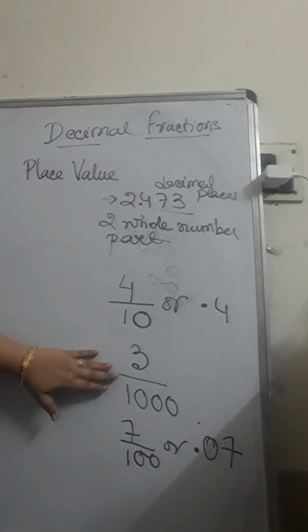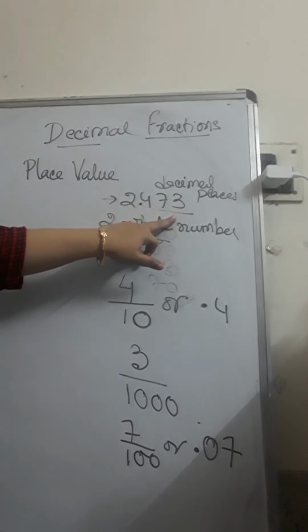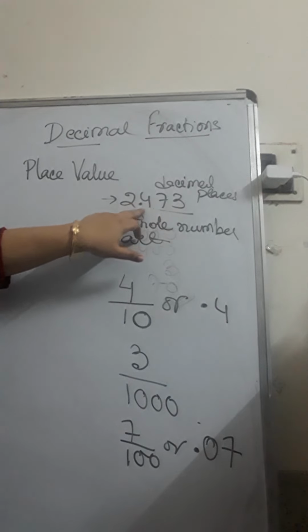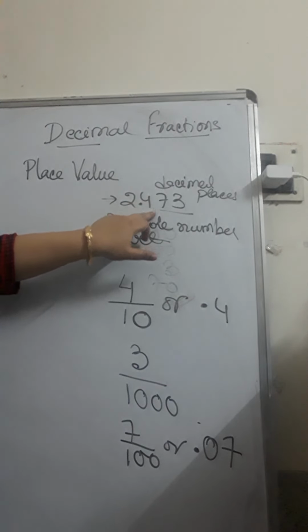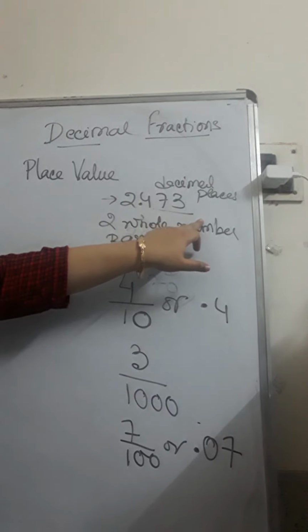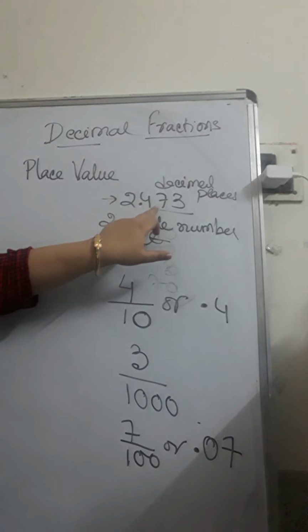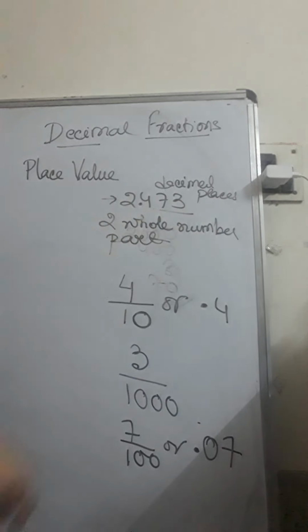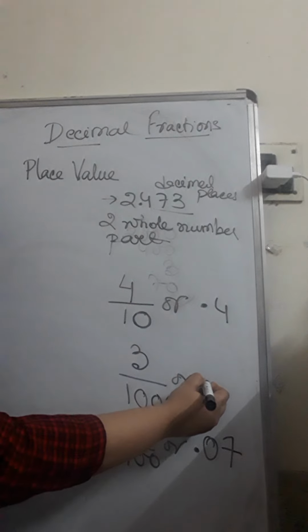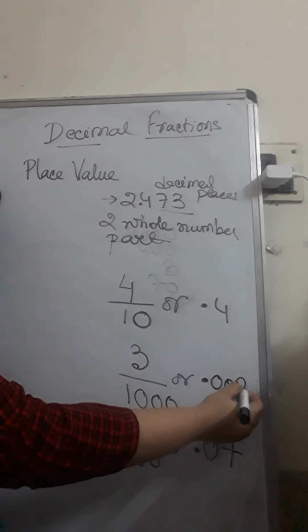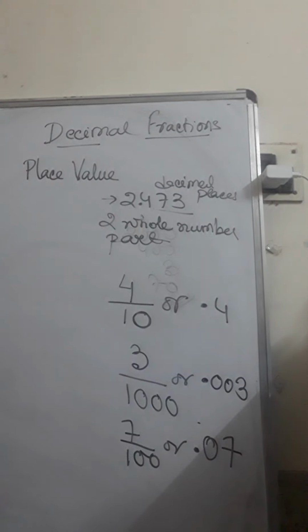For 3, how can we write the place value? After the point we have to move 2 digits to get to this 3, so 0.003. Or you can understand it in a different way: we have given the numbers as fractions.